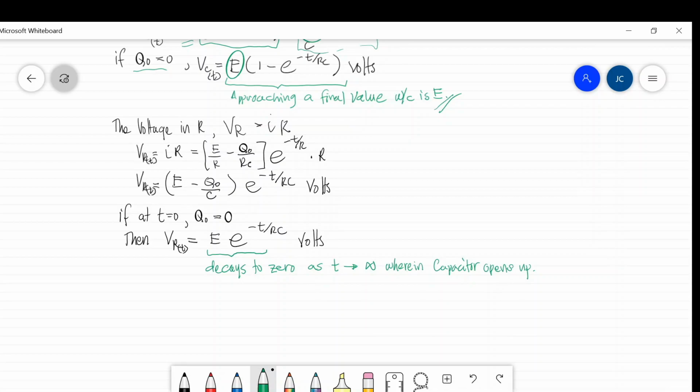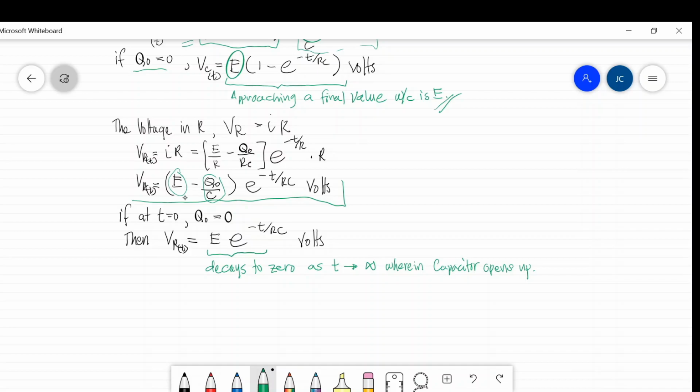While the voltage in R, which is equal to I times R, expressing the current in terms of E and in terms of its equation, we shall arrive at an equation consisting of E and the charge stored in the capacitor divided by the capacitance.